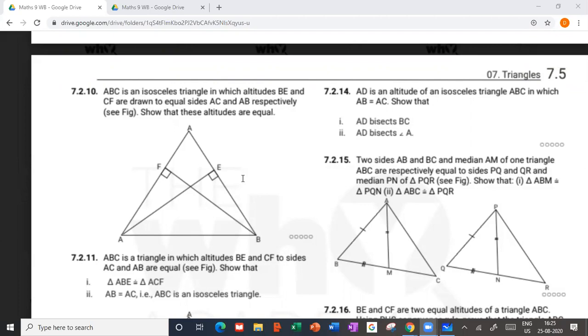You are going to see them quite frequently this year and next year. So median, what is a perpendicular bisector, what is a median, what is an altitude. Get those concepts clear. Okay, let me know how to solve the 10th one. Anybody?